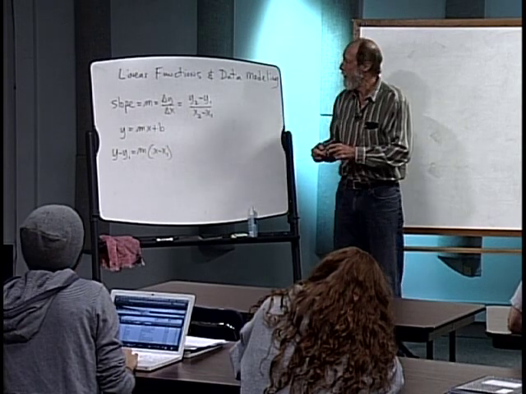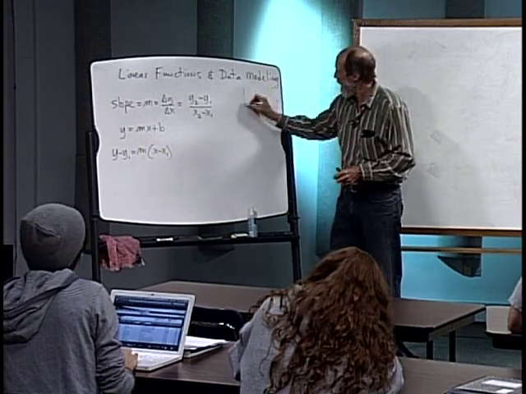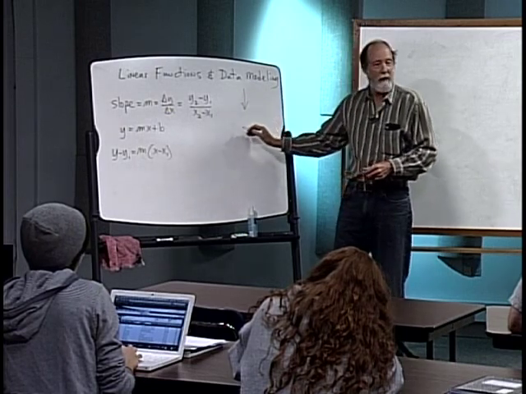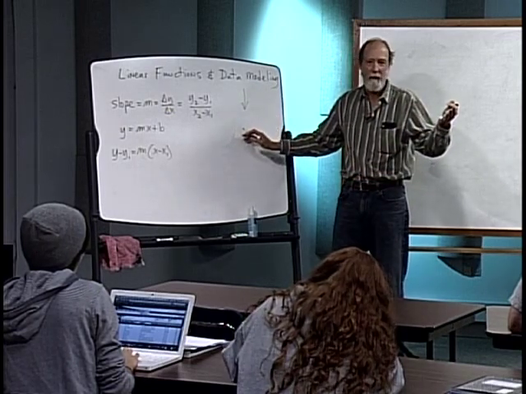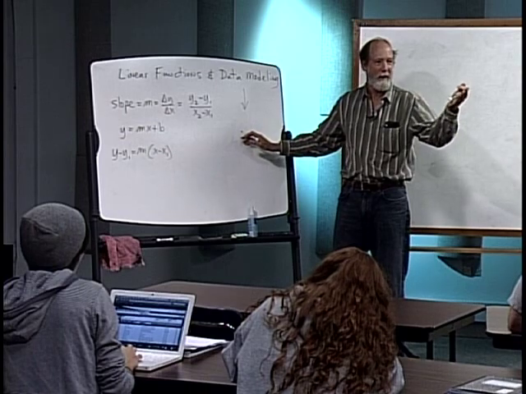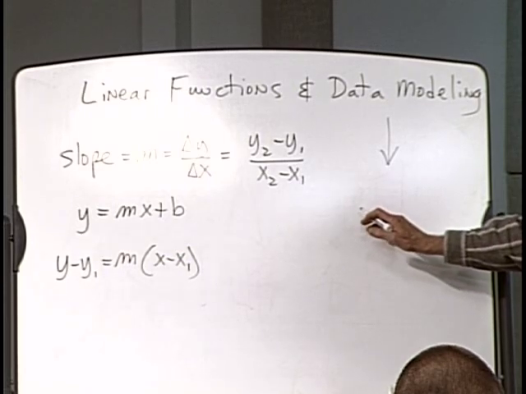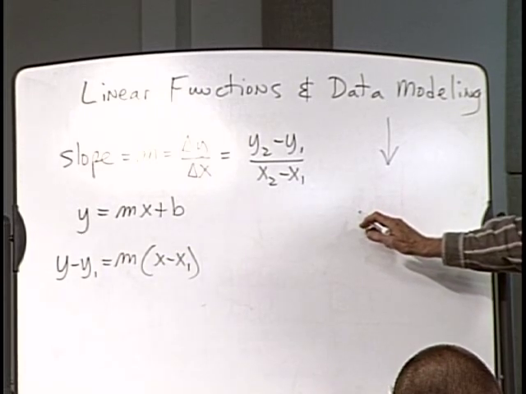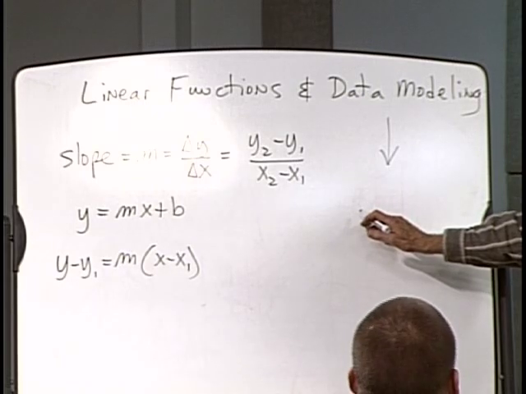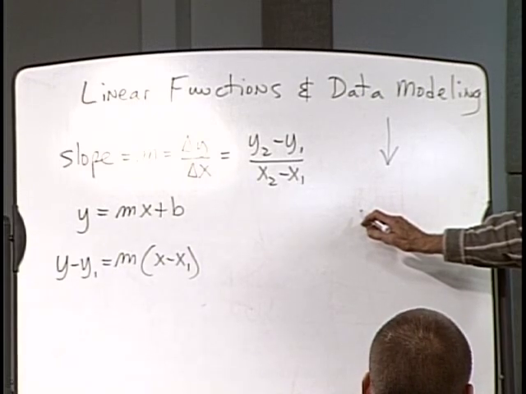For the data modeling, we're going to learn how to use our technology. You can do this by hand too, except by using the calculator, you're going to find it much more efficient to use its data saving capabilities, and then generate something called a scatter diagram.